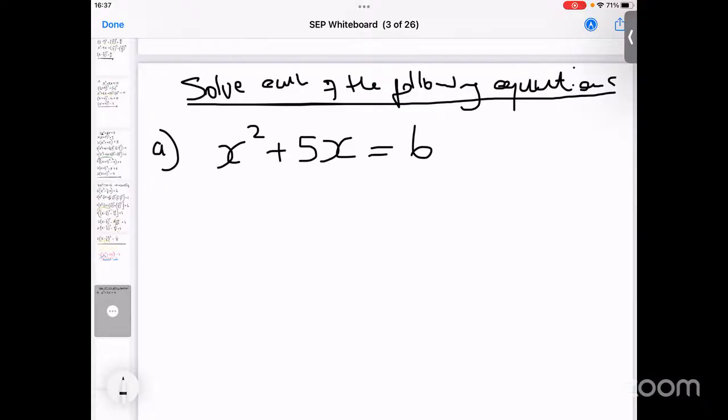So for that reason, we will need to rewrite it in this format where we have it as x squared plus 5x, taking 6 to the other side, it becomes minus 6, so that it equals 0. Why would we do this? It's so that we can factorize this.